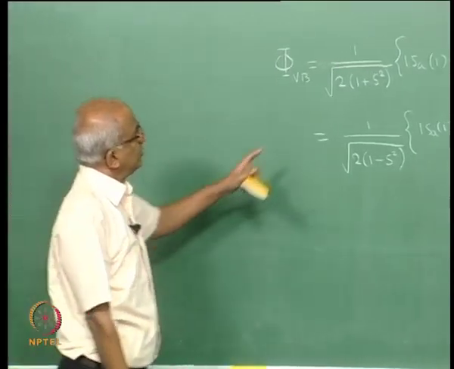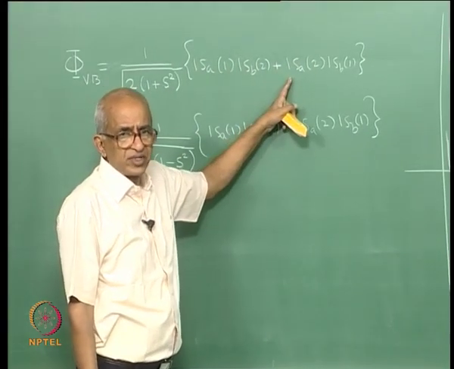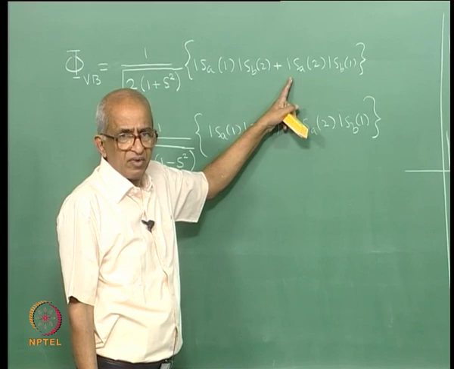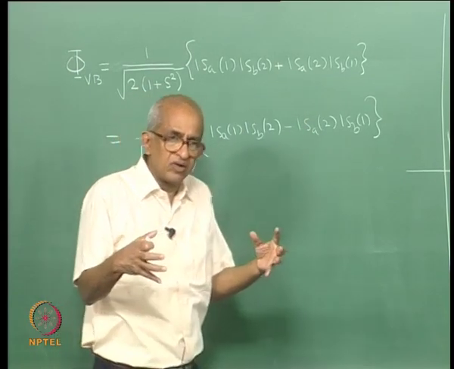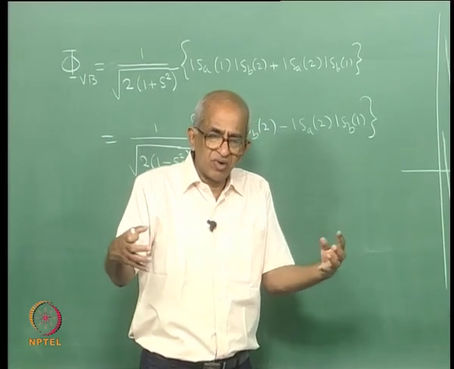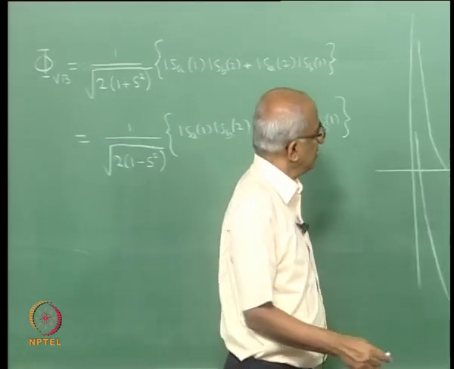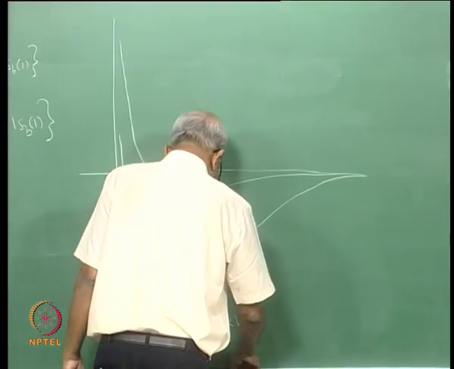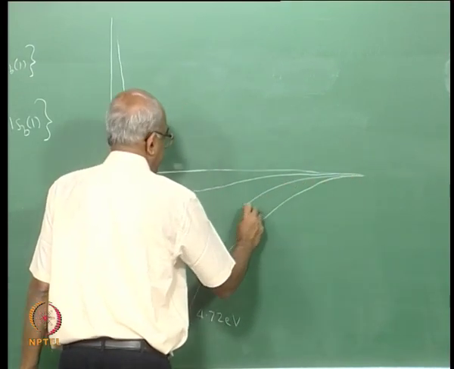Okay. So now you can do a calculation using this function. You use this as the trial function. For each distance you will calculate the value of the energy and then make a plot of that energy against the distance. So actually what happens is you will get a curve which looks like this.